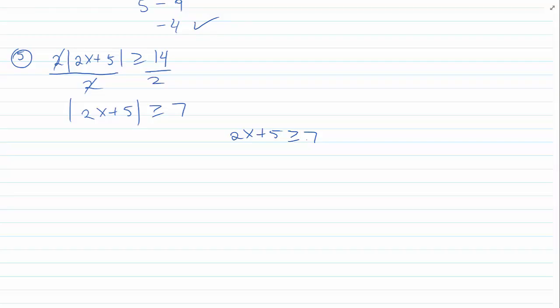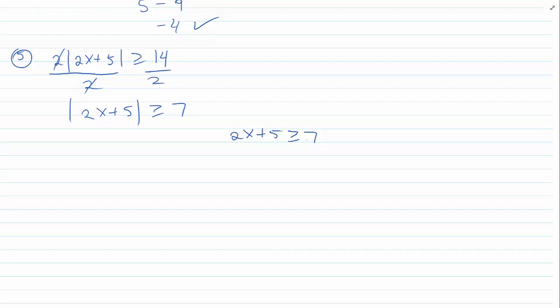But there's another side. Because remember, absolute value is a distance away from 0. If you're 7 units or more away from 0, then you're good. You told me the positive side, right? 7 or more. But also, because it's an absolute value, if you go to the other side of the number line, you're going in the negative direction.